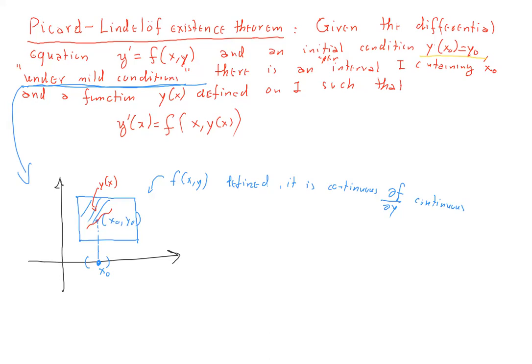That's pretty much what we're saying here. And it satisfies the differential equation. There are many things to discuss here, and that's why I would like to pause and ask you if you have any questions so far on this raw statement of the theorem that I gave you.